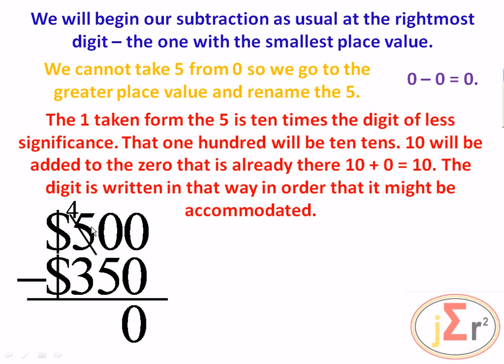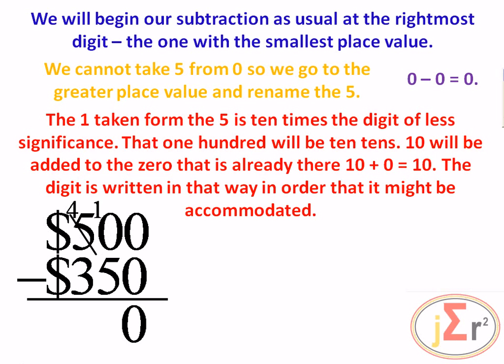So we know that 1 we are taking from the hundreds column. So the 1 from here will be 10 tens. So we are adding 10 to the value that we have here, which is 0. So 10 plus 0 is equal to 10. So we put the 1 right there. We could not just write a full scale 10.